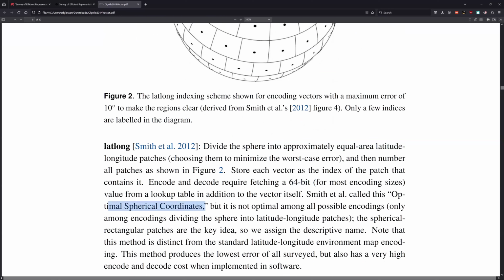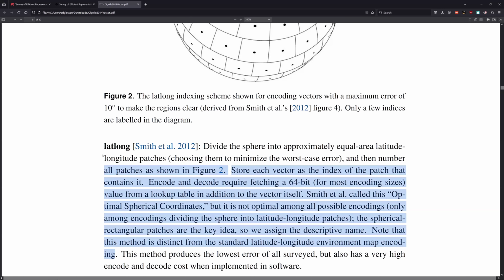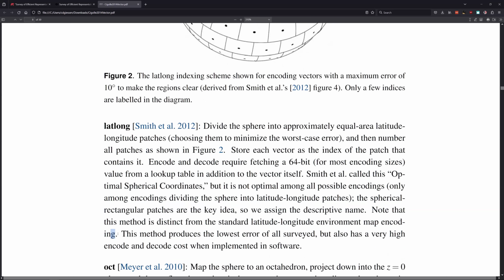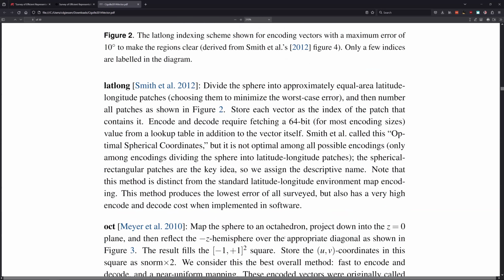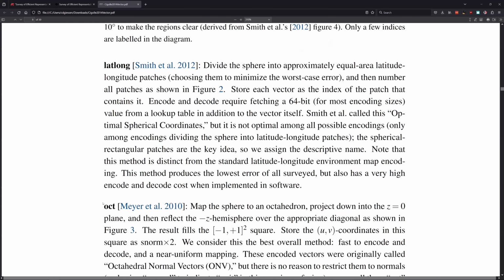Optimal spherical coordinates. Yeah, and this is not latitude, longitude, which is more akin to spherical coordinates. Lowest error of all surveyed, but the encode and decode is not awesome either.